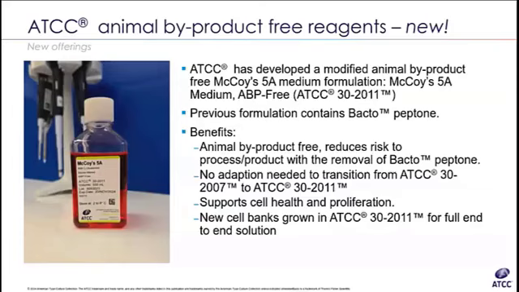Wow, we've had a bunch more questions come in. This first one is around cons media, and it's really an optimization question. Would it work for any primary cell in the human body? I mean, is it something that we've internally optimized for work in primary liver or heart cells?